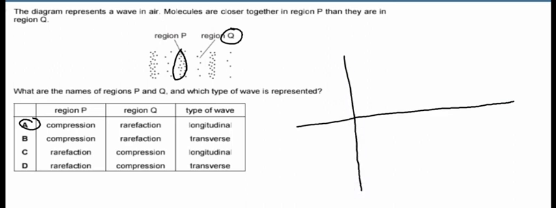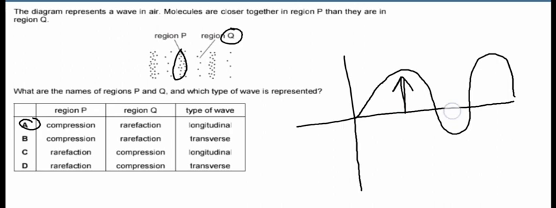For example, if we have an XY plane like this one, the movement of the transverse wave is going to move in this format, where we have the maximum amplitude and the minimum amplitude.